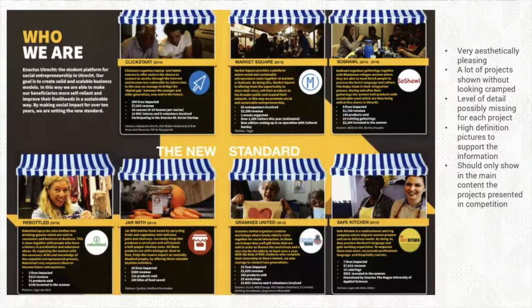Enactus Utrecht. So what's really nice about this is they presented quite a lot of projects. We recommend you present between 1 and 3, depending on what your impact is. But they obviously wanted to highlight every single team that they had going there. And they make it really obvious, again, what George was just saying, the different projects are very clearly separated.